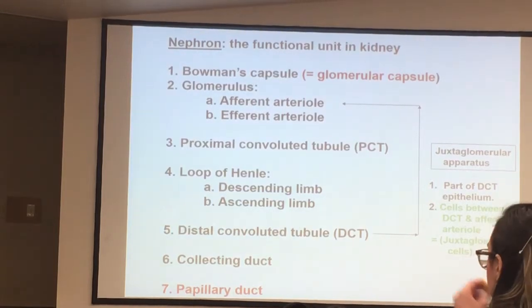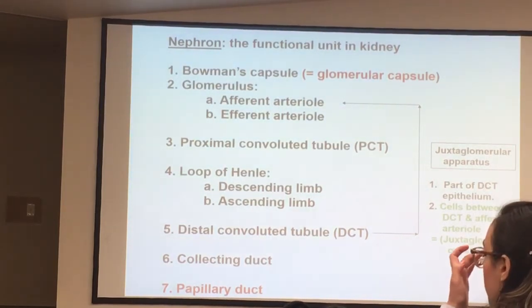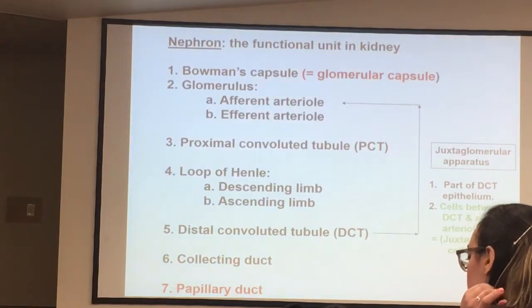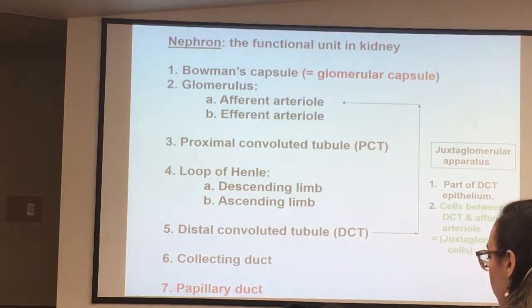That part of the DCT is the macula densa, and the cell between the DCT and efferent arteriole we call the juxtaglomerular cell, an endocrine cell.